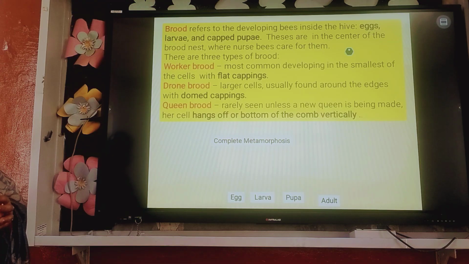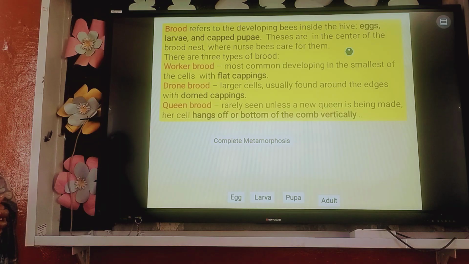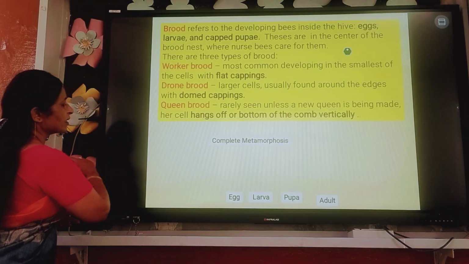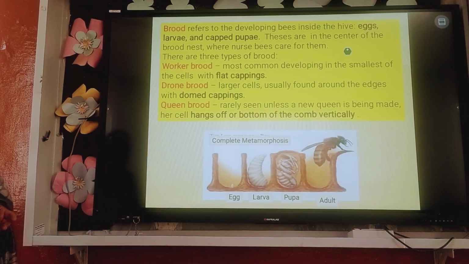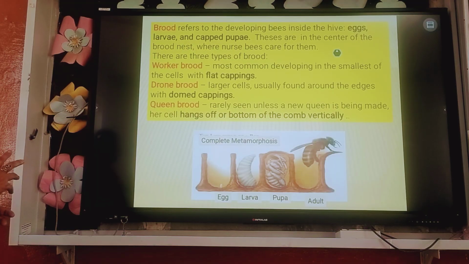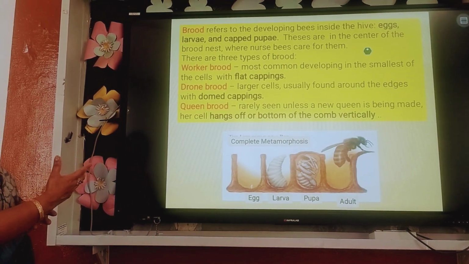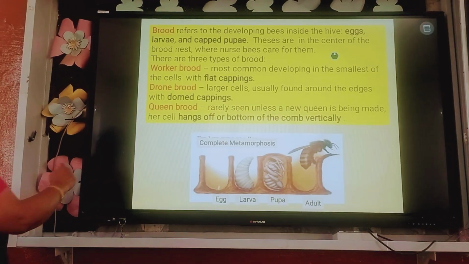Then the queen brood, which is rarely seen unless a new queen is being made, and her cell hangs off the bottom of the comb, vertical. You can see here again the diagram showing the complete metamorphosis, and the different stages in the brood: egg, larva, pupa and adult.